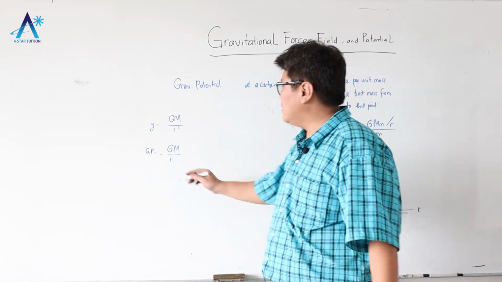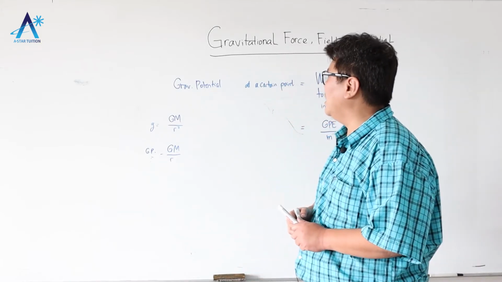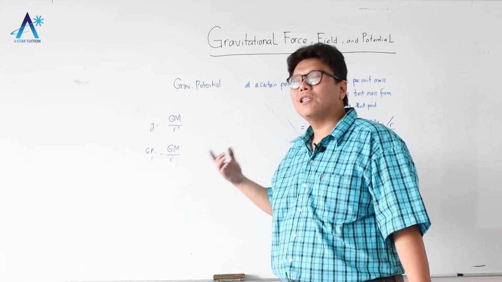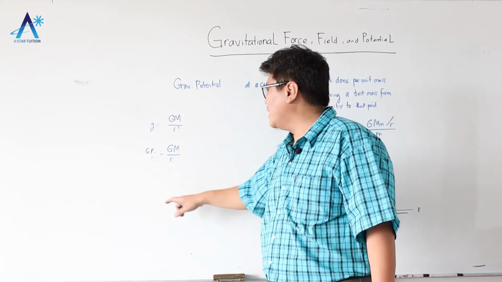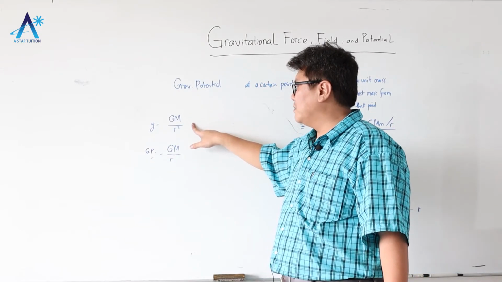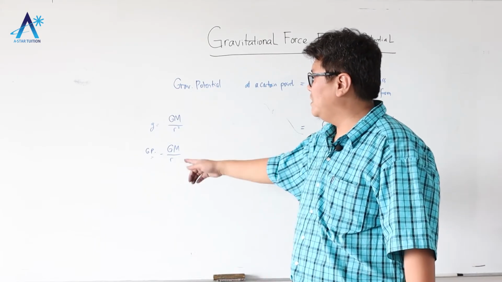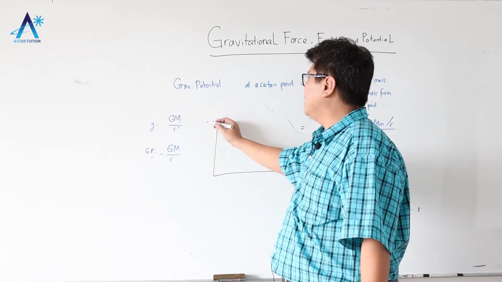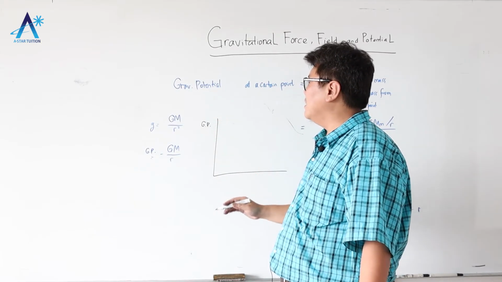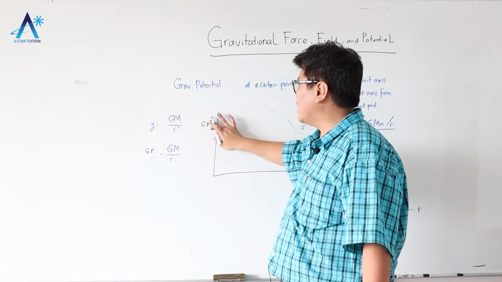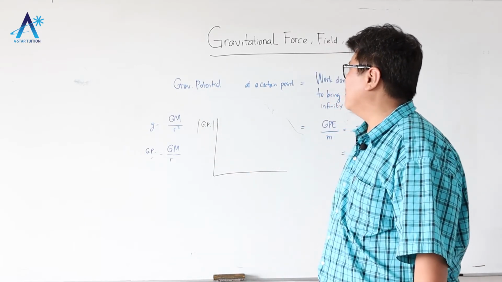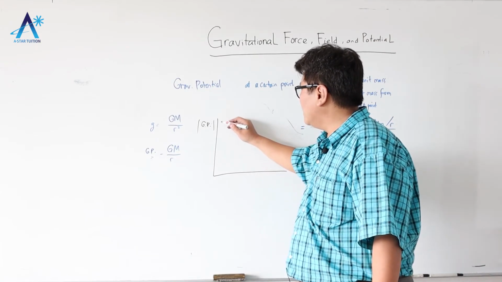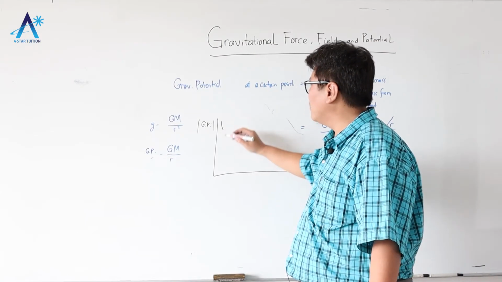Now, this seems to suggest that there is a relationship between them. In fact, if you are familiar with calculus, you can actually find g from the differentiation of the potential. So if we were to sketch the gravitational potential, the magnitude that is, since we only care about the magnitude, as a function of r, which is 1 over r, yeah.